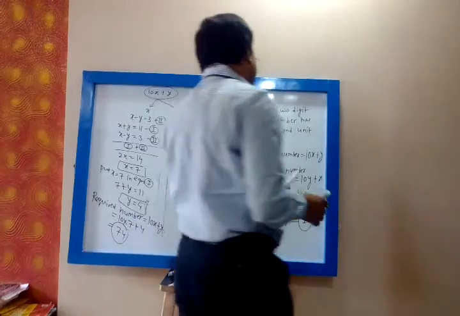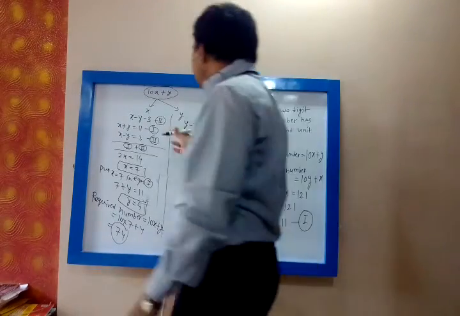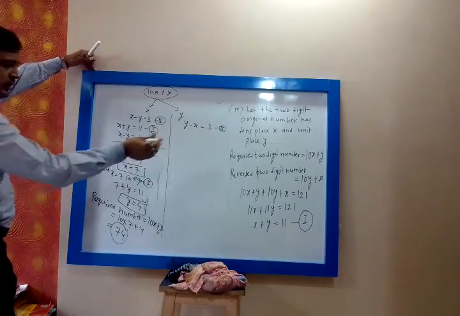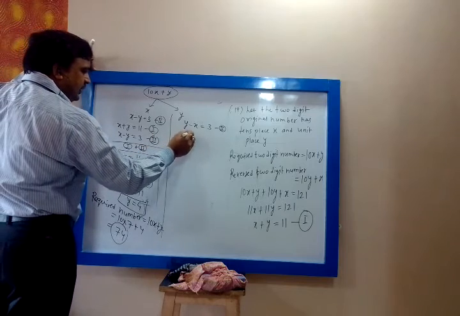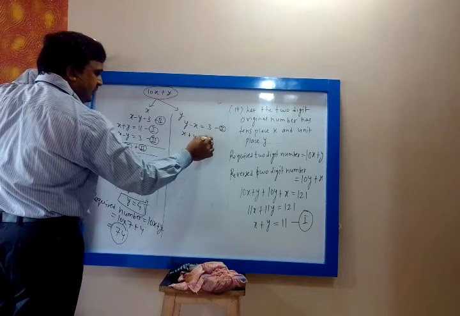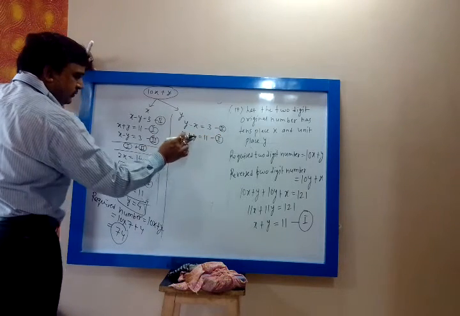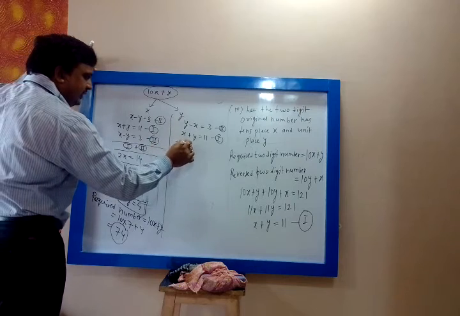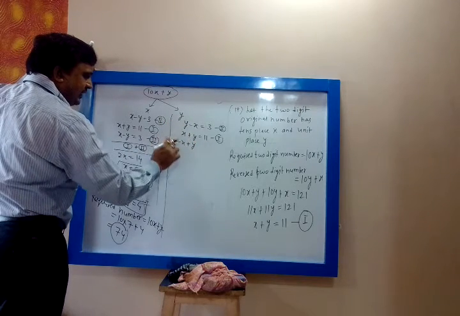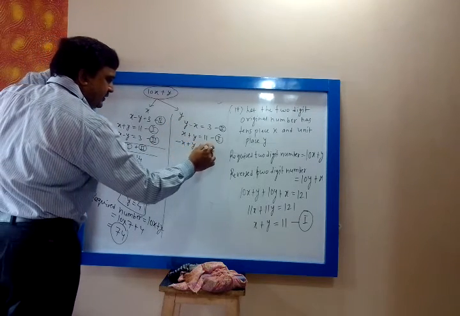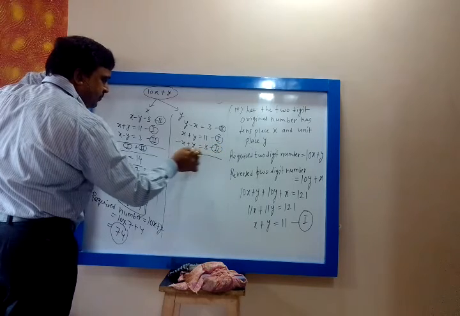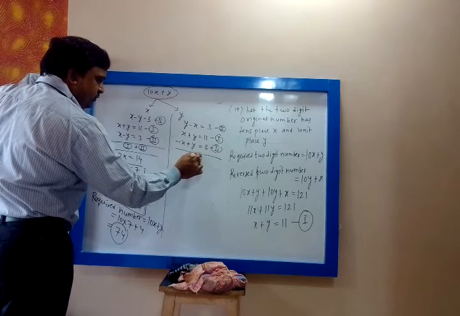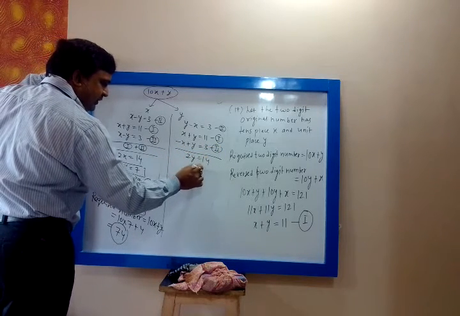Let us check the second part. y minus x is 3, equation 2. Equation 1 will be the same, x plus y is 11. Equation number 2: y minus x I can write as minus x plus y is equal to 3. Add them. You will get 2y is equal to 14. So y is equal to 7.